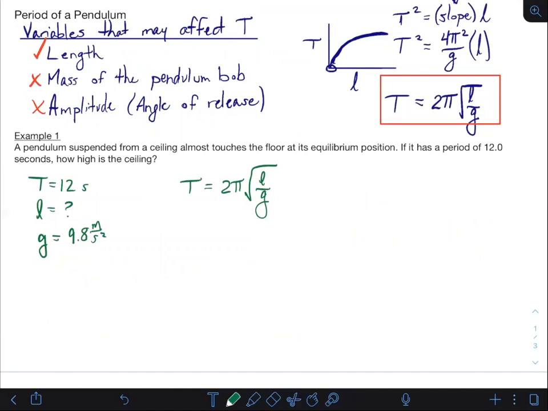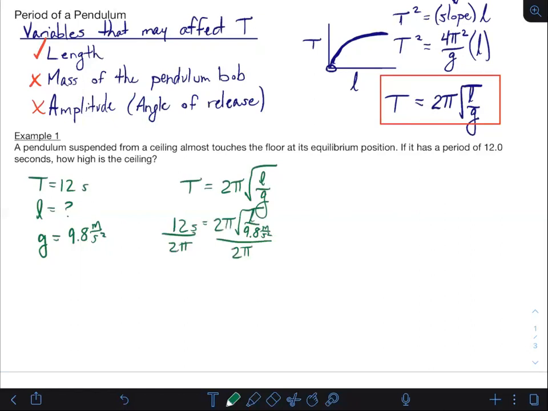We'll substitute in 12 seconds as our period. We'll substitute in 9.8 meters per second squared as our g. And so the only thing that we don't know is L. And from here, it is purely algebra in order to solve for that length.